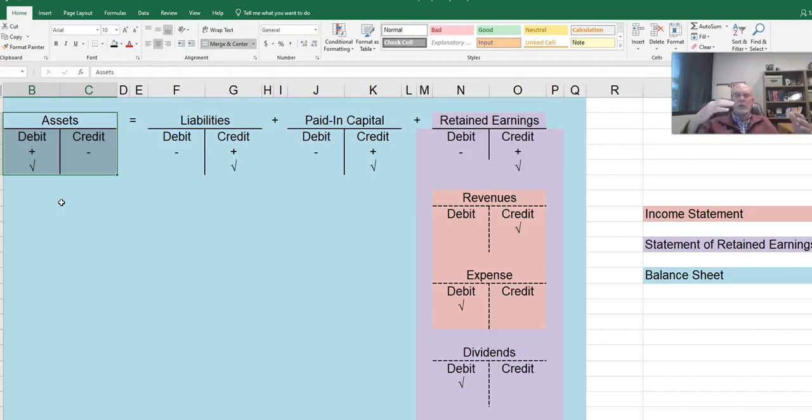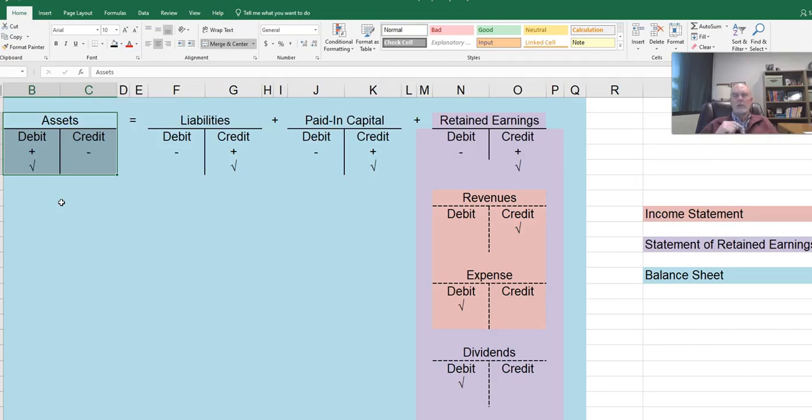So any asset, when it loses its future benefit, we record some sort of an expense to show that that benefit has expired. We expense it. With accounts receivable, when we identify a bad customer account, we're going to record bad debts expense.